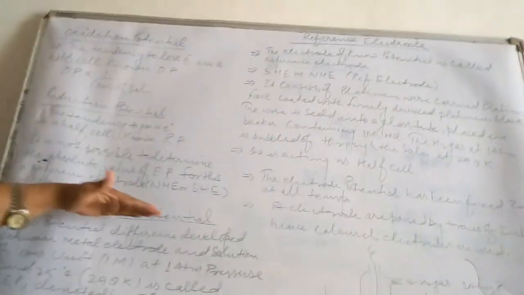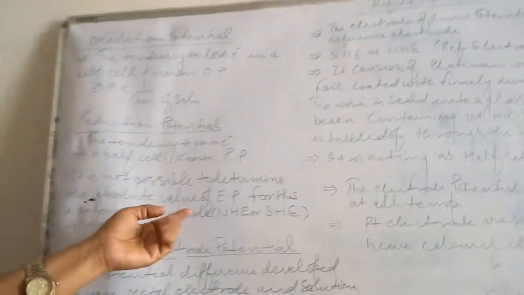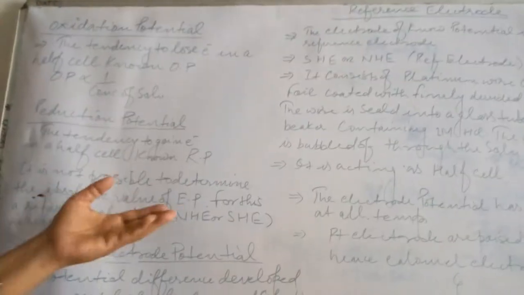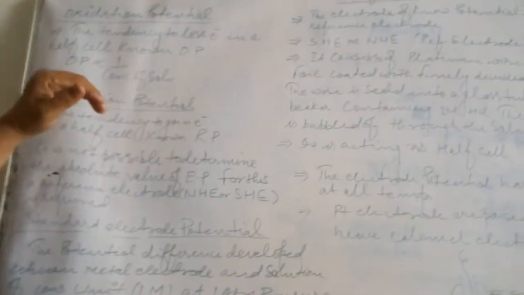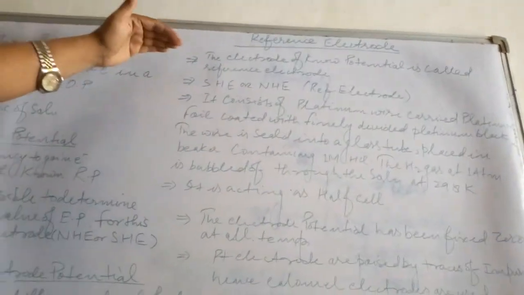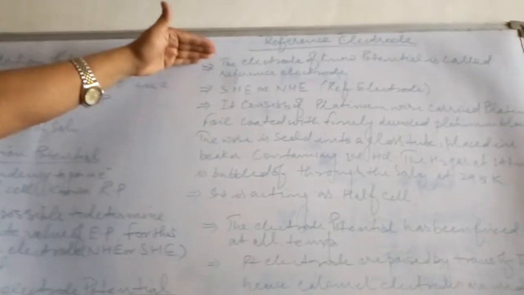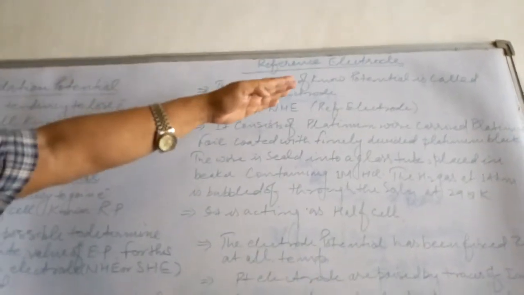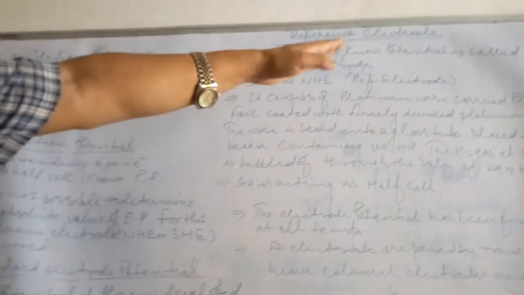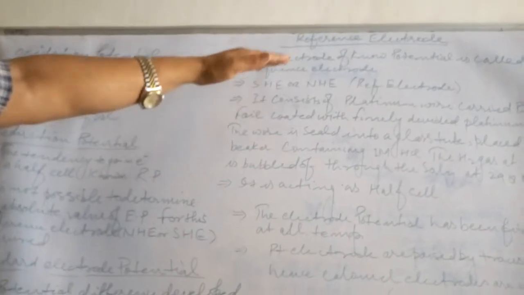So children, you have gone through oxidation potential, reduction potential, and standard electrode potential. There are the terms NHE and SHE; these are the reference electrodes by which we can measure the electrode potential of half cells. Let me discuss reference electrodes point-wise. At the very first, the electrode of known potential is called a reference electrode.